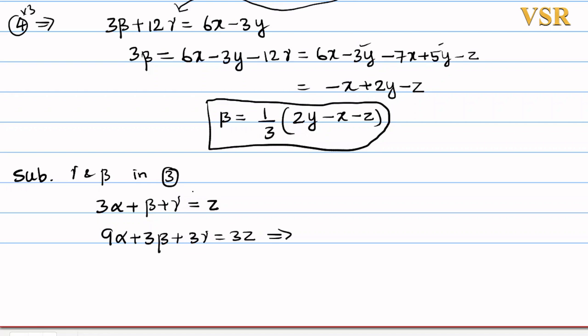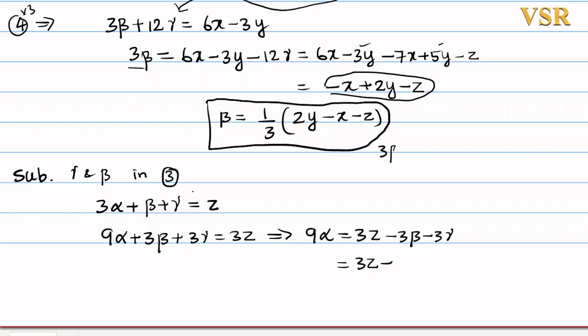So this implies that 9 alpha is equal to 3z minus 3 beta minus 3 gamma. So what is the value here? 3z minus 3 beta will be like this. We have 3 beta equal to 2y minus x minus z. So substitute it here.